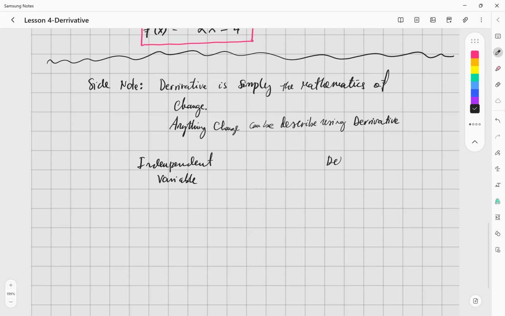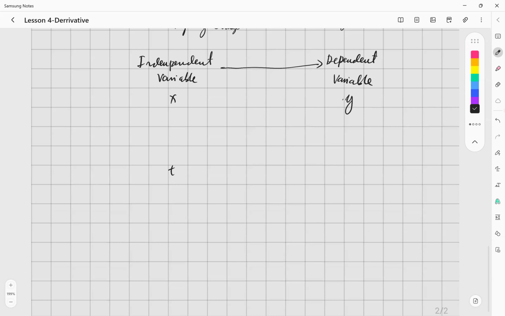The independent variable causes the dependent variable to change. Usually we represent the dependent variable by y, the independent variable by x, or sometimes time, and so on.